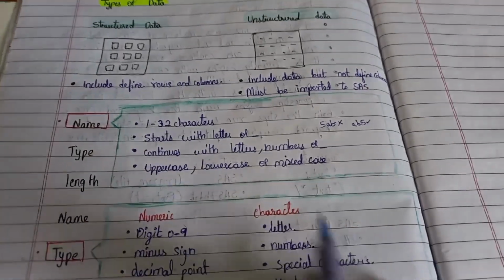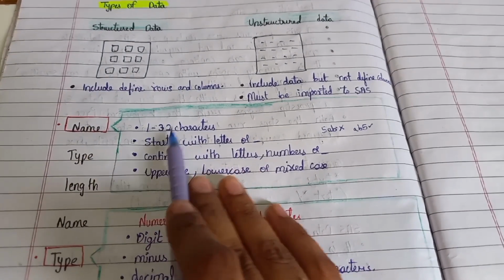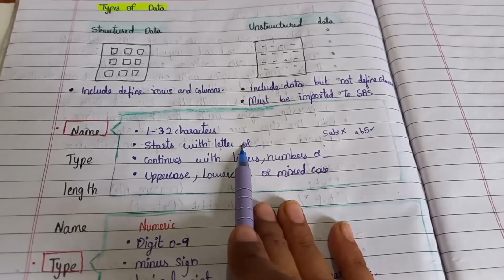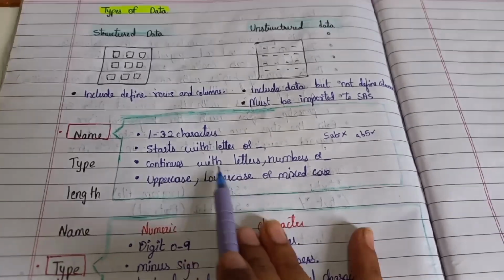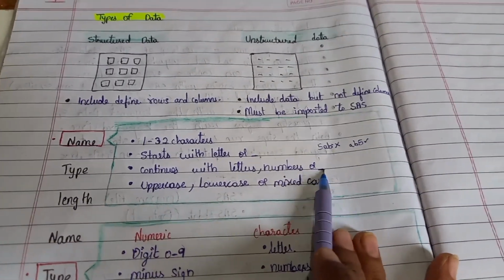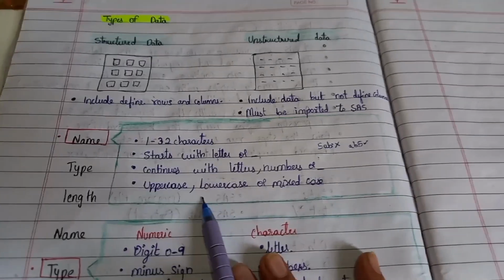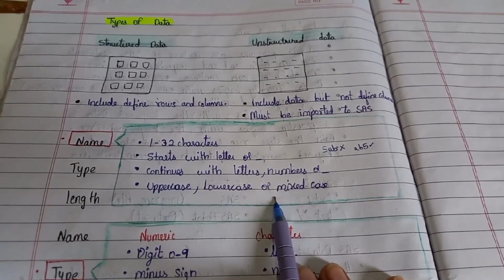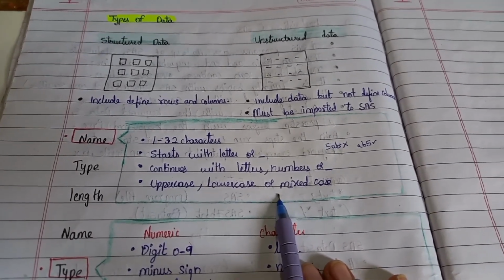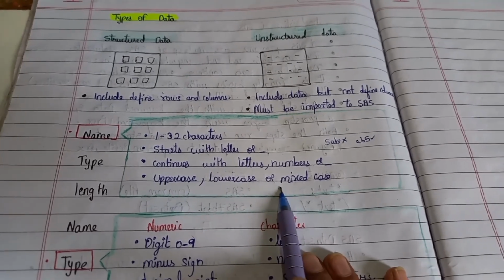Clear? Okay, so the data set name should be 1 to 32 characters, start with a letter or underscore, and continue with letters, numbers or underscores. Uppercase, lowercase or mixed case, any of them is also fine.